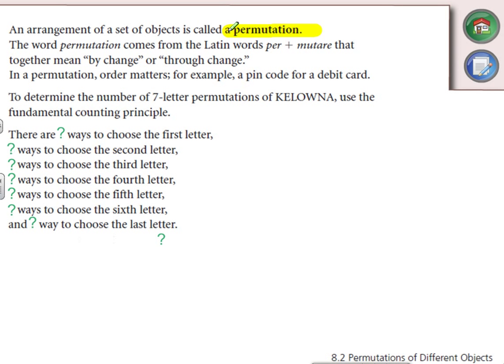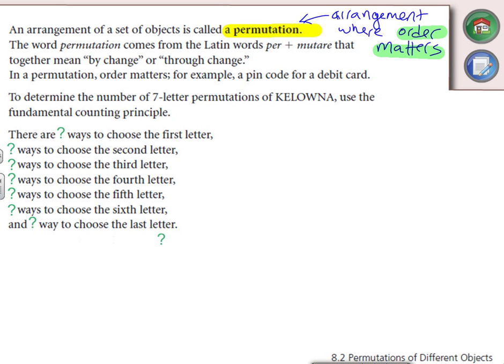It's an arrangement where order matters. And let's highlight that part. Order matters. Permutation, order matters.